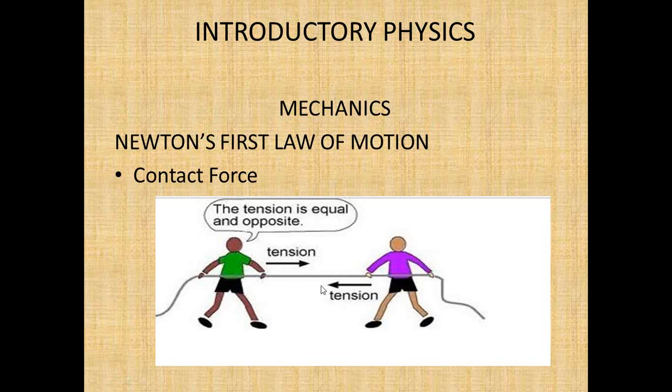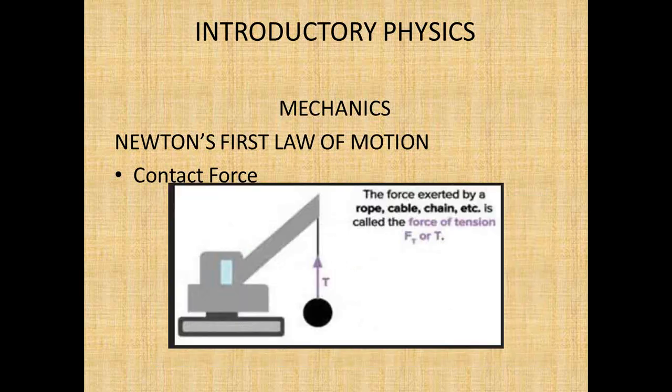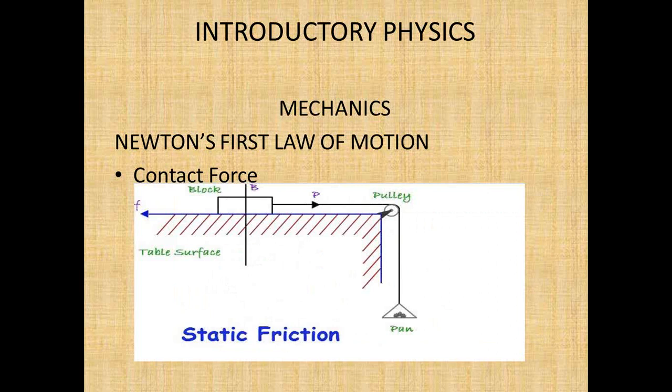Once there's no motion, the tension is going to be equal and opposite in direction. Again, if you have a crane, a cable, a ball, the weight of the ball is going to be downward. Tensional force is going to be upward in the string. So that's a contact force.